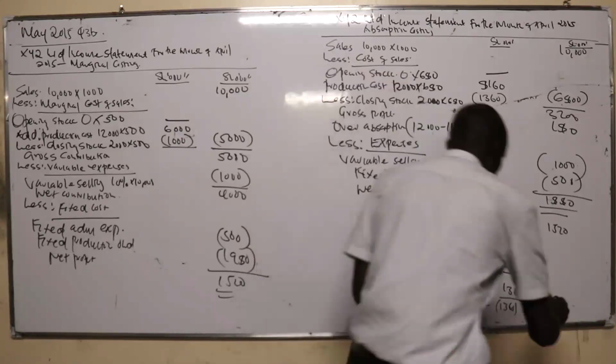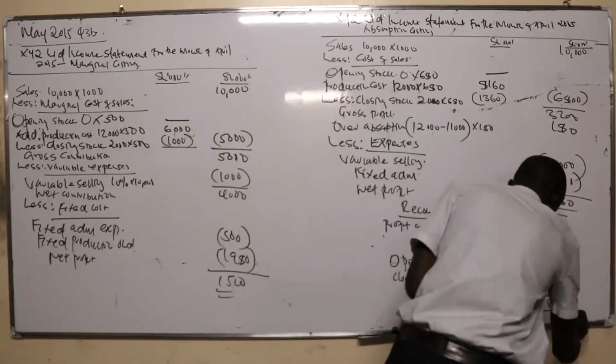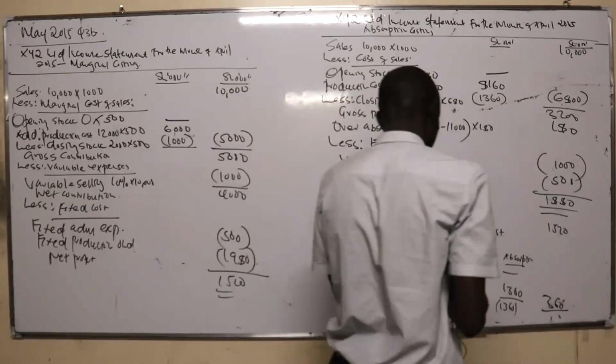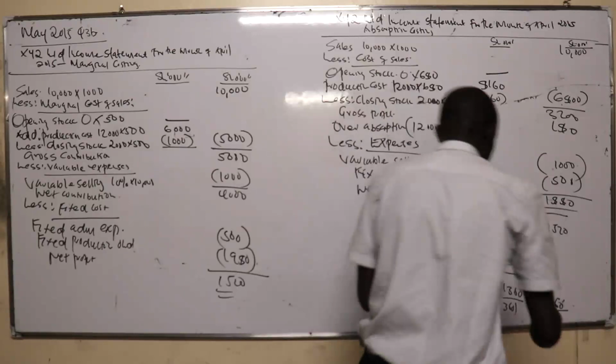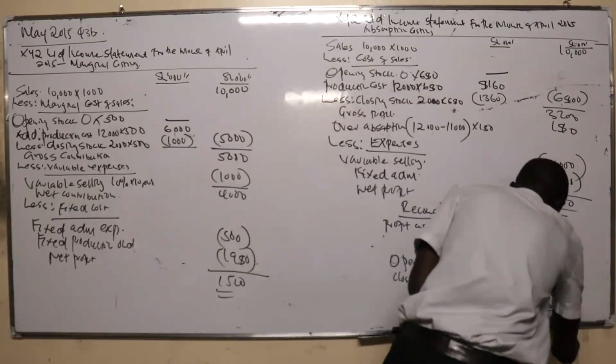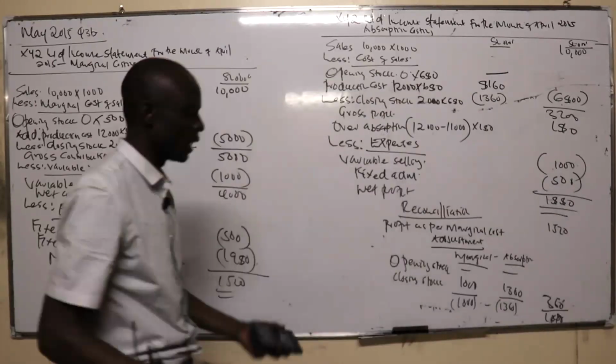So this is 360. You add, you get plus 1520, you get 1880, the profit as per absorption costing. So that is how we do reconciliation.